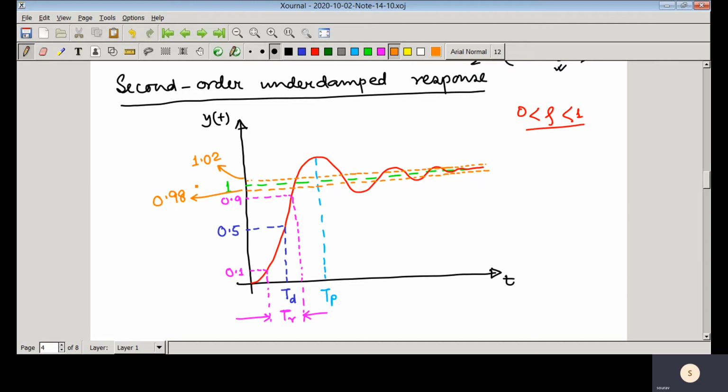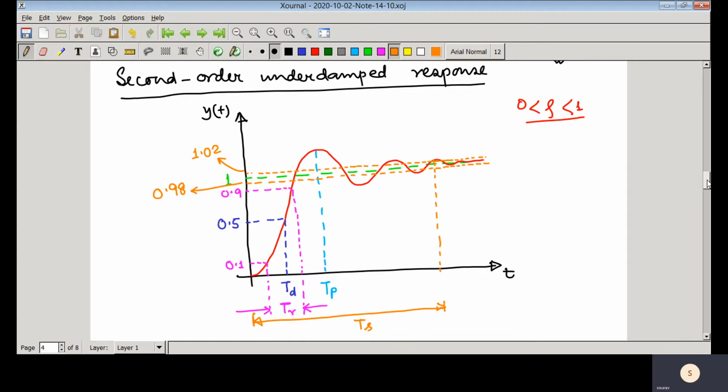I am labeling those values on the time response of a second order system, and suppose this is the time whenever the system response enters and stays inside the plus minus 2% band. This time I would say is TS.